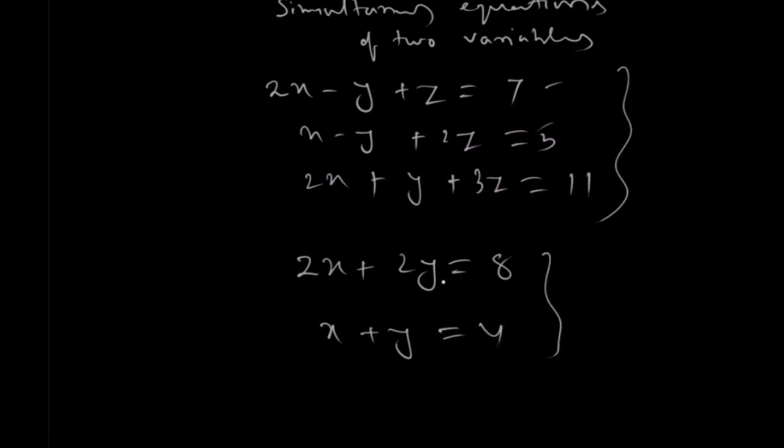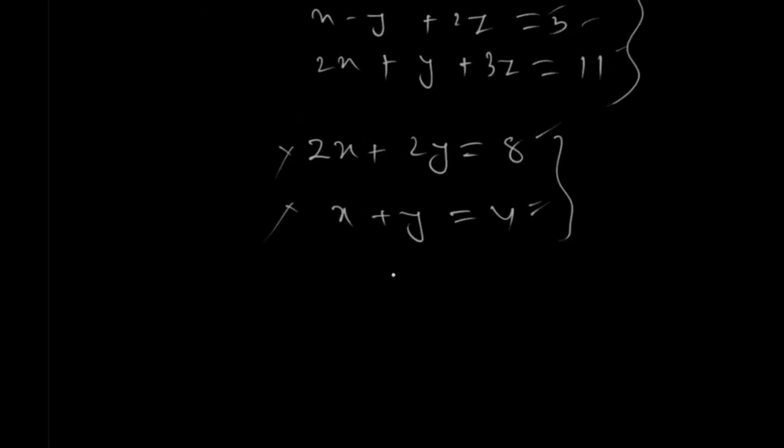These two are not independent equations, because one equation can be obtained by multiplying or dividing the other by some number. Multiplying x plus y equal to 4 by 2 gives 2x plus 2y equal to 8. So this equation can be derived from this, or this from that. These two are not independent equations, but these are independent equations. There is a unique solution for a system of equations which are independent.